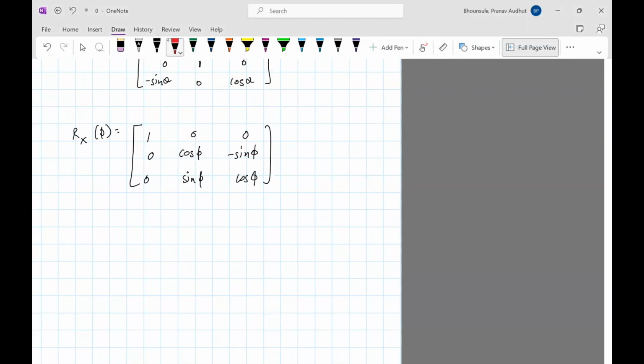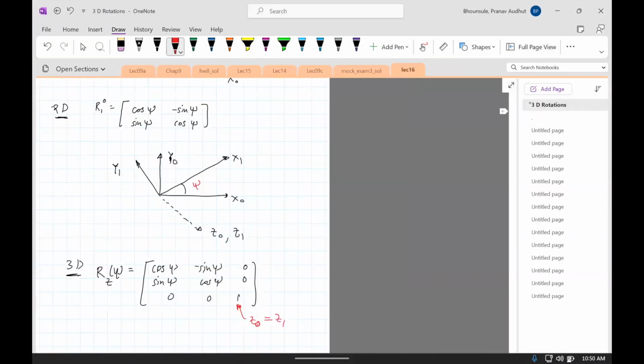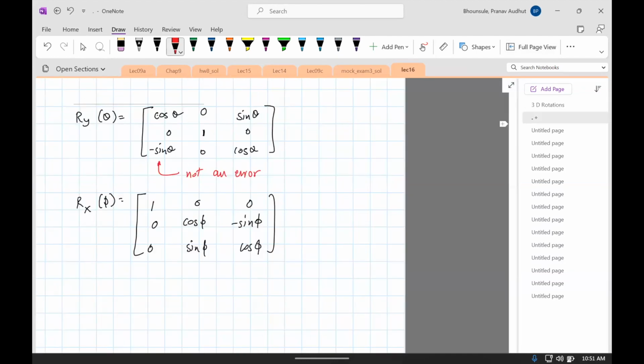Okay, so one thing to remember is this is not an error. It looks very different from the previous formula. You see, the minus is over there, and here the minus is down. That is not an error. That is how it is.